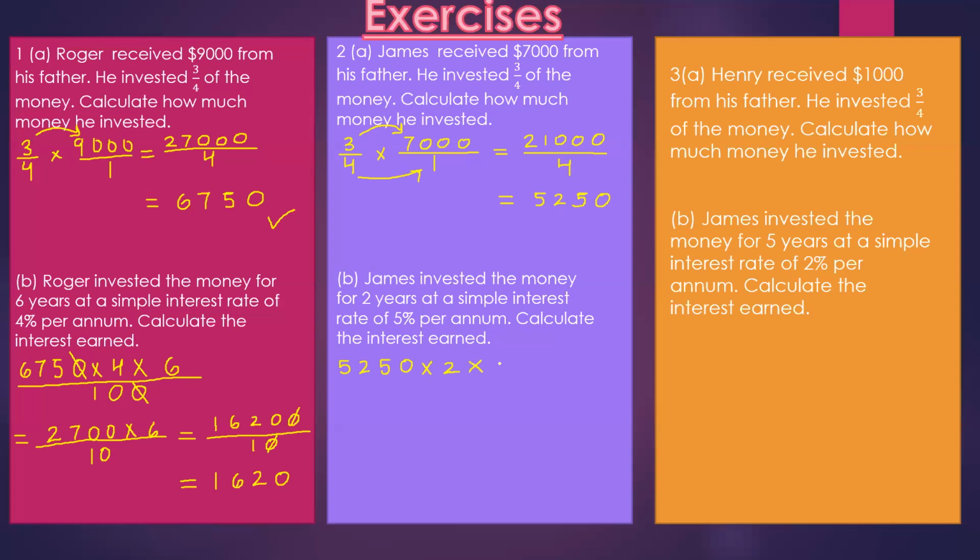5,250 times 2 times 5 divided by what? 100. Divided by 100. It's going to be equal to, what do we do at this point? You cross out a zero. Very good. And what is 2 times 525? 2,625.